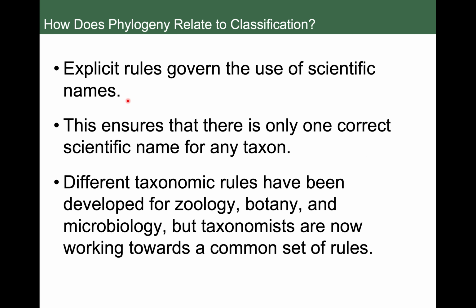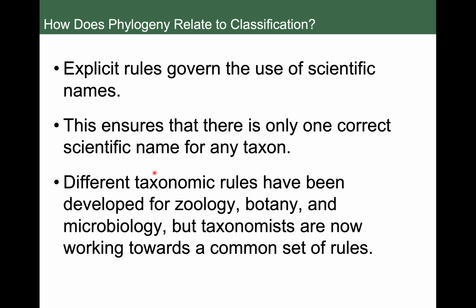And while we're talking about classification, there are some very specific rules used in the scientific community to assign these names. The whole idea is we want to make sure that there's only one scientific name for any given taxon, right? We don't want any ambiguity there. Historically, there was some confusion because you had the zoologists with their own set of rules for naming, and the botanists doing their own thing, and the microbiologists their own thing.